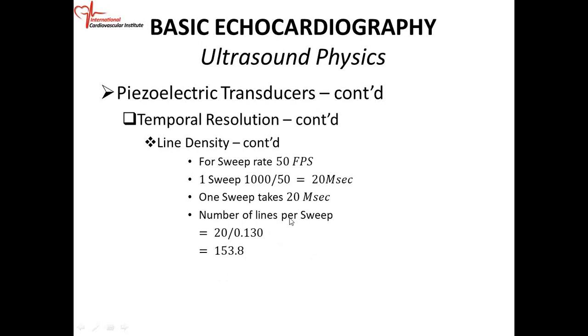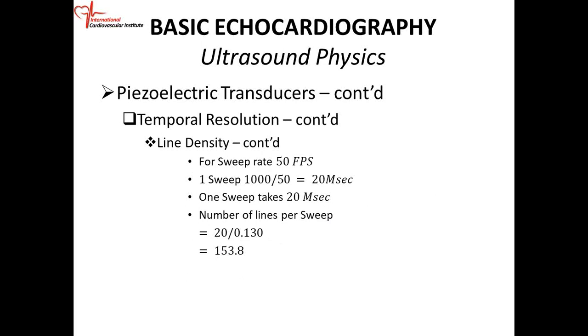The number of lines per sweep is 20 divided by 0.13, which is 153.8. So you have more lines per sweep by just decreasing the depth. So you can increase your line density by decreasing the scanning depth.